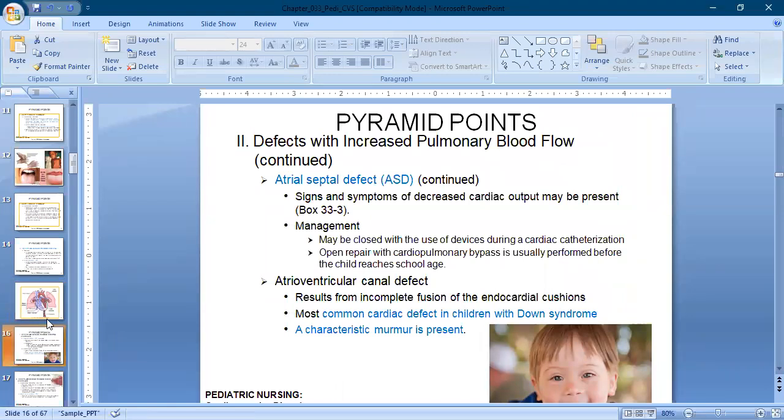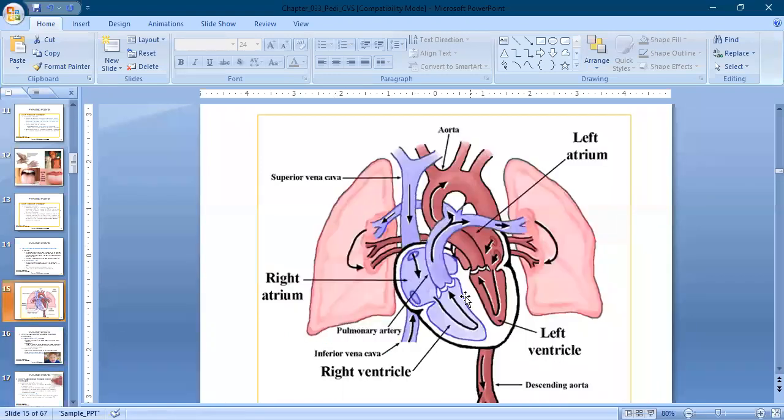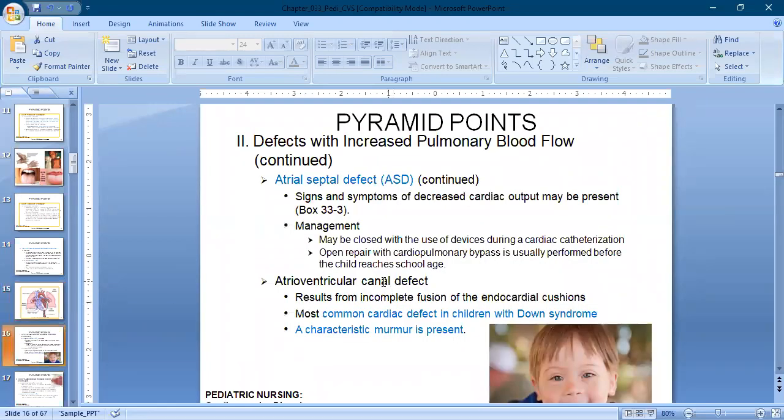So if the defect is here, either right or left, in this wall, this is called atrioventricular canal defect.